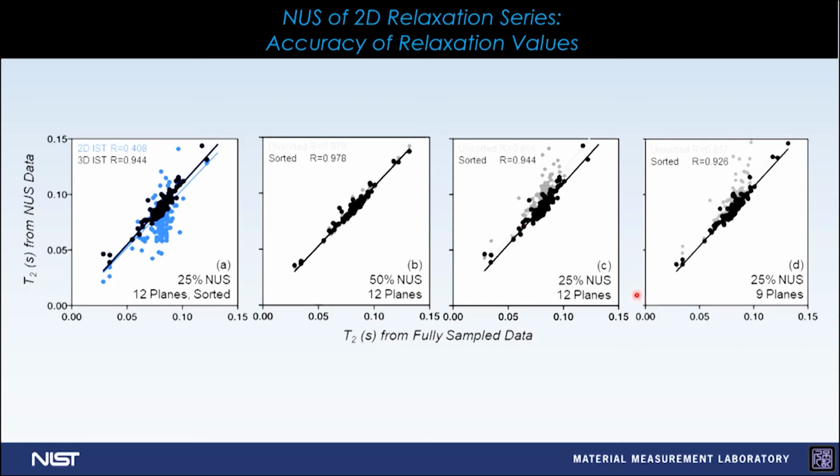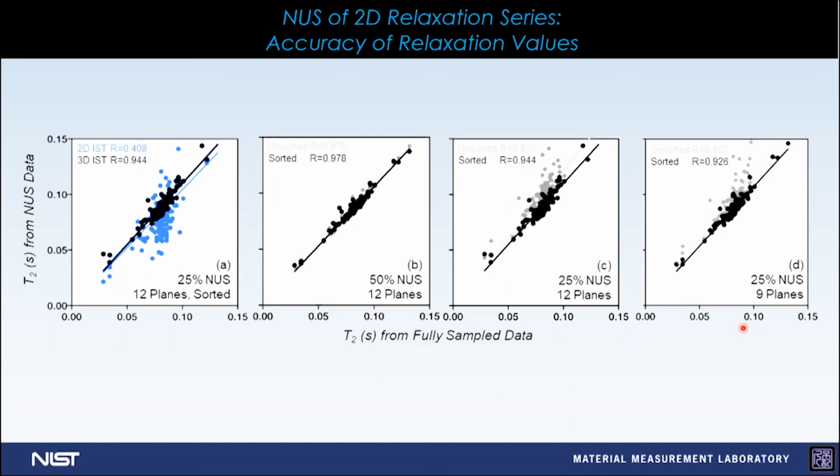And when we move from a relaxation experiment that has 12 tau values to one that has only 9 tau values, we don't substantially decrease the correlation coefficient between these extracted relaxation values. And so this is about the lower limit, around 8 or 9 planes, in order for this particular method to work out well.